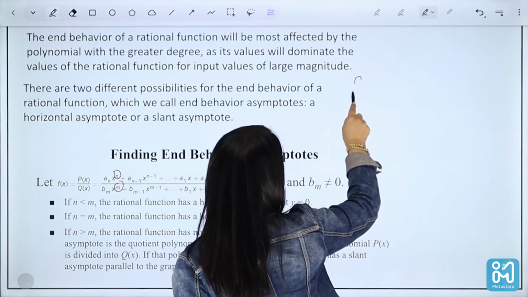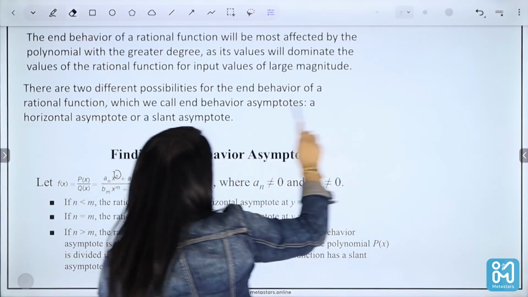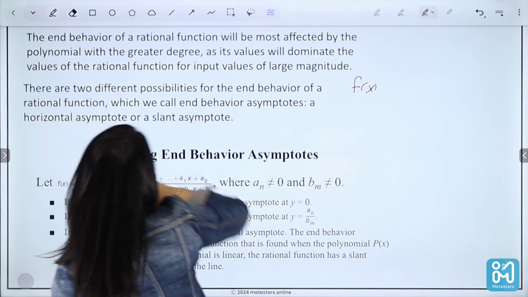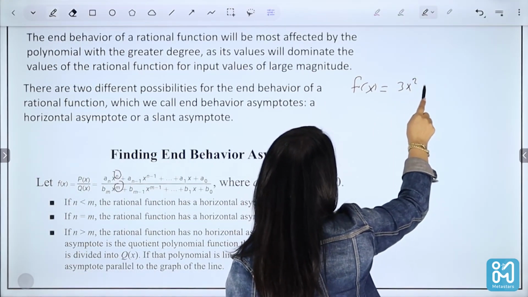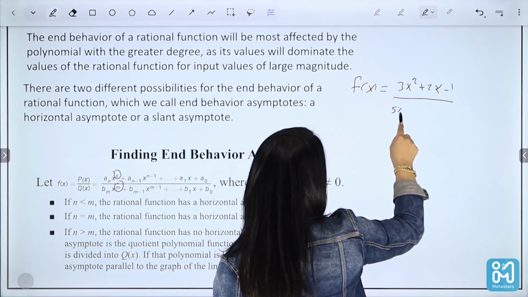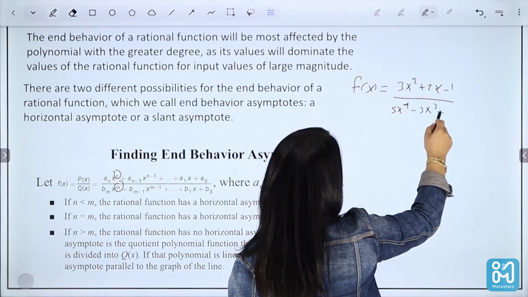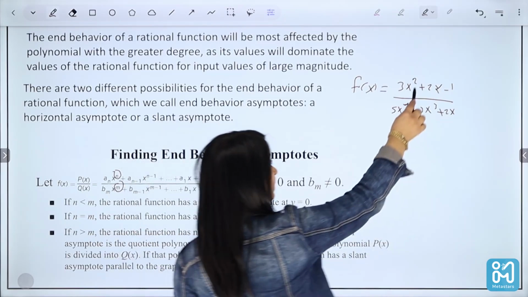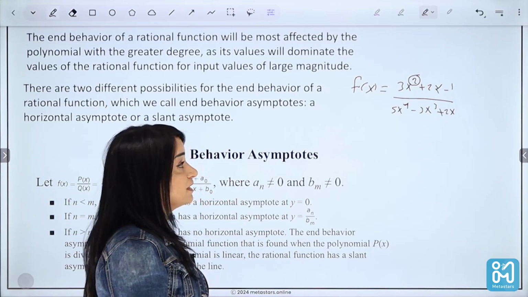Suppose f of x is equal to 3x squared plus 2x minus 1 over 5x to the power 4 minus 3x cubed plus 2x. In this case, what is the degree of the numerator? The maximum degree of the polynomial up is equal to 2.